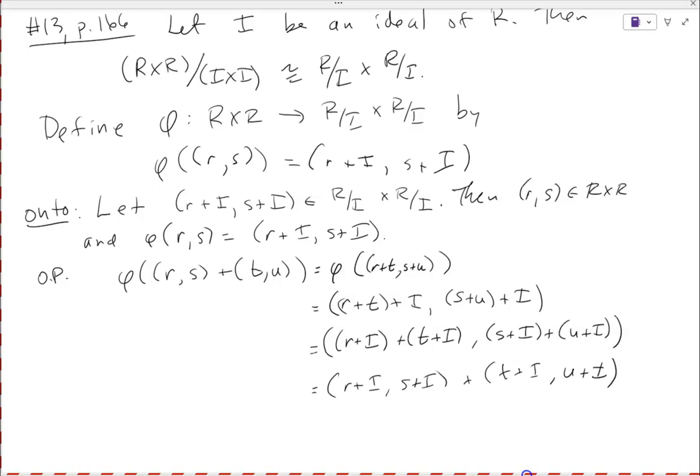And now what's the first thing equal to? In terms of phi, what's the first thing equal to? Good. And the second one is equal to? Good. And isn't that what we wanted?